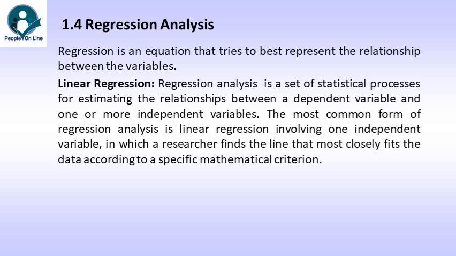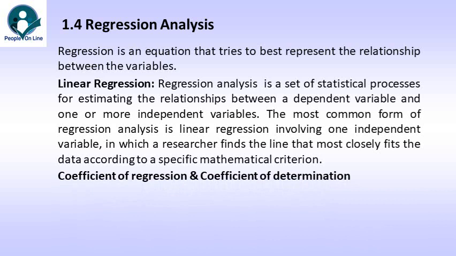The most common form of regression analysis is linear regression, also the most simple, or I would say the simplest form of regression, involving only one independent variable in which a researcher finds the line that most closely fits the data according to a specific mathematical criterion.